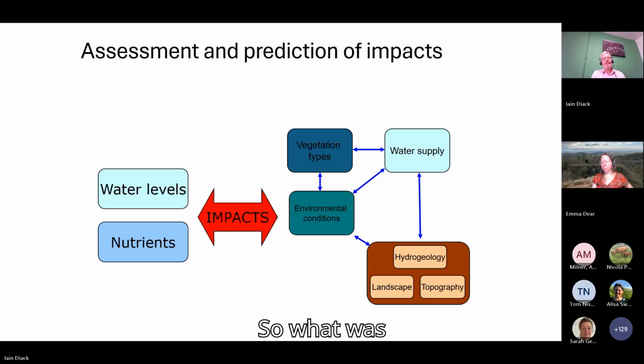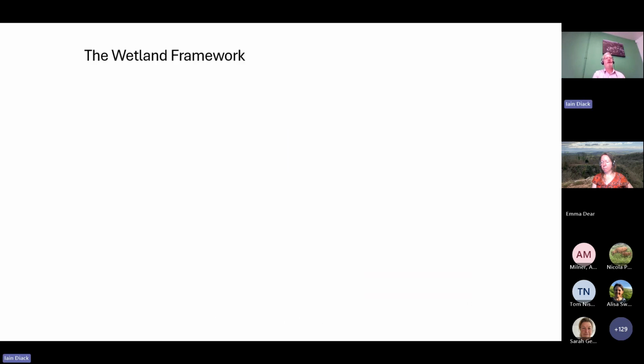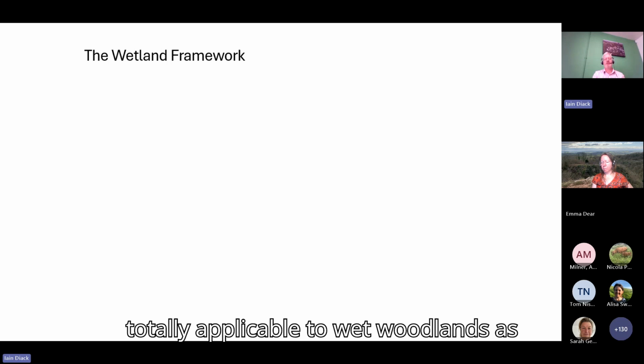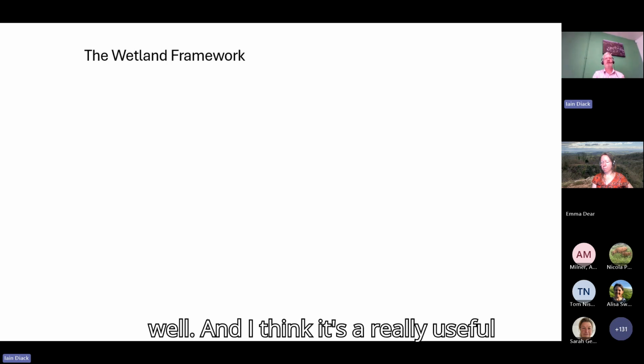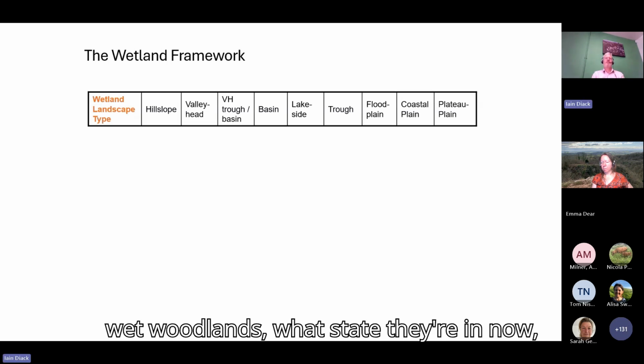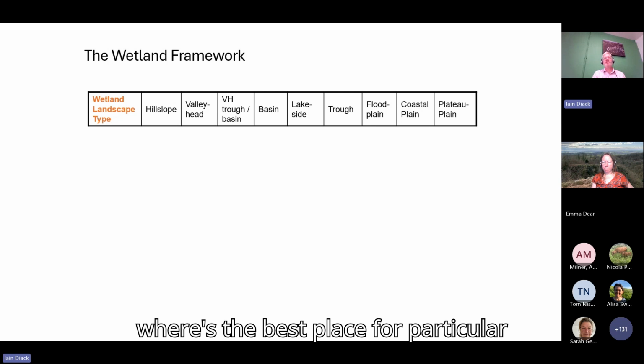So what was developed is the wetland framework. And although I say this has been used very much for open wetlands, it's totally applicable to wet woodlands as well. And I think it's a really useful way of approaching wet woodlands, what state they're in now, what they could be, and where's the best place for particular types of wet woodlands.